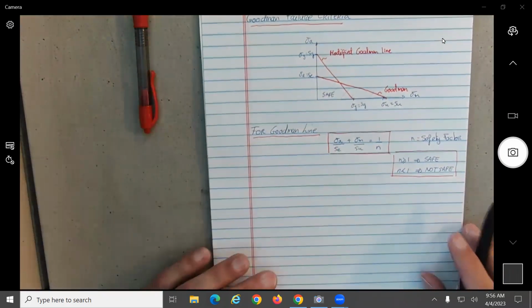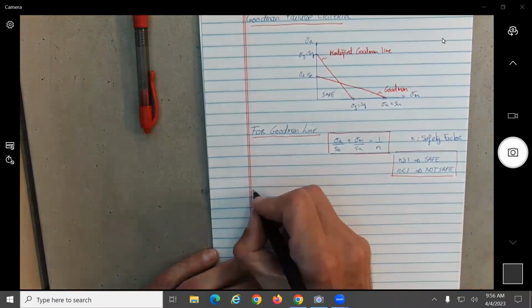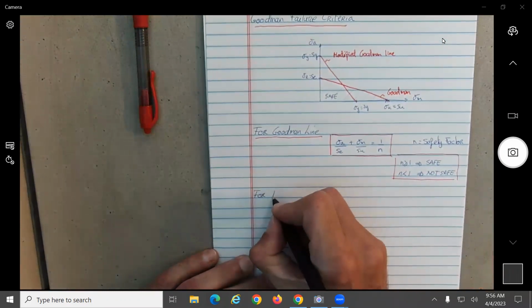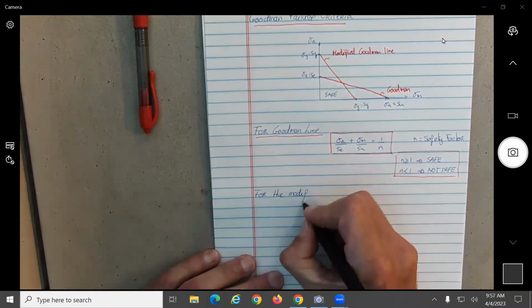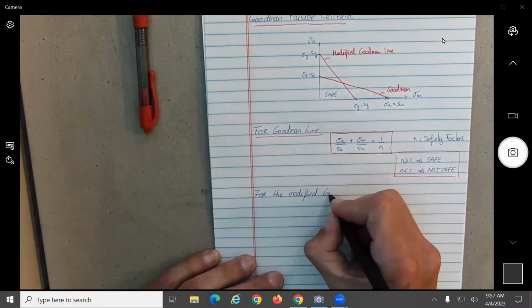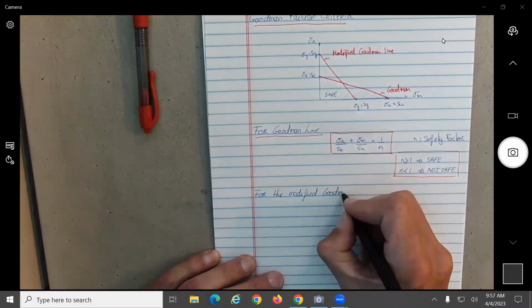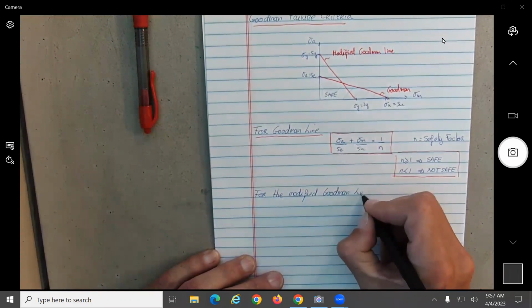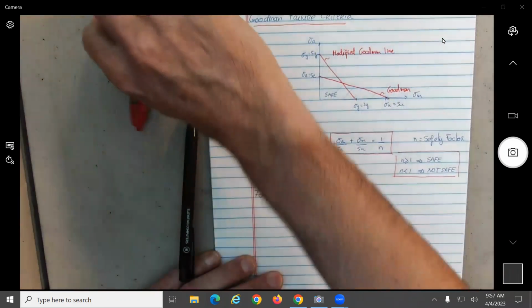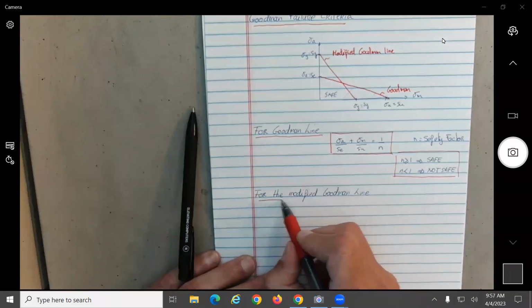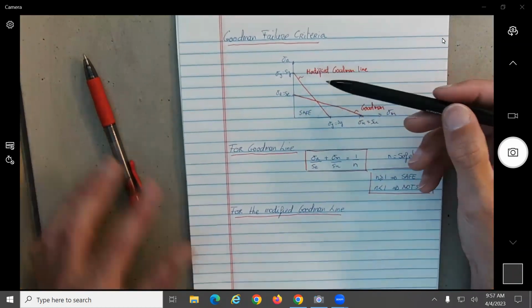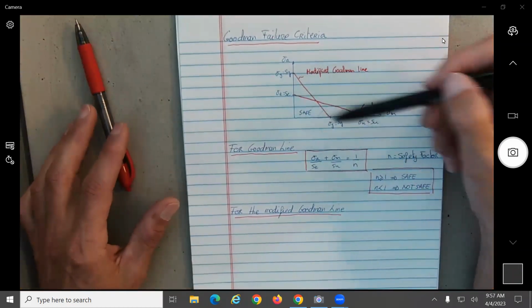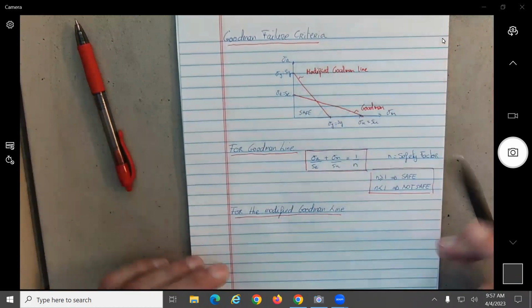Okay, and we can do something similar for the modified Goodman line. And again, there's multiple lines. Okay, there's not only these two. If you go to a textbook, you might find 10 different versions for the failure category. Okay, different lines over here.